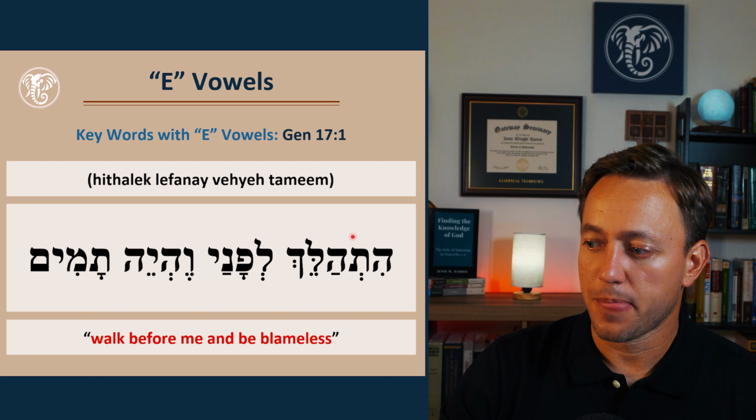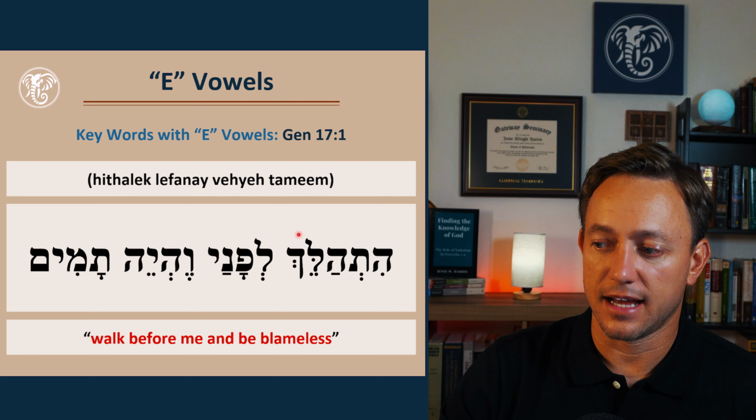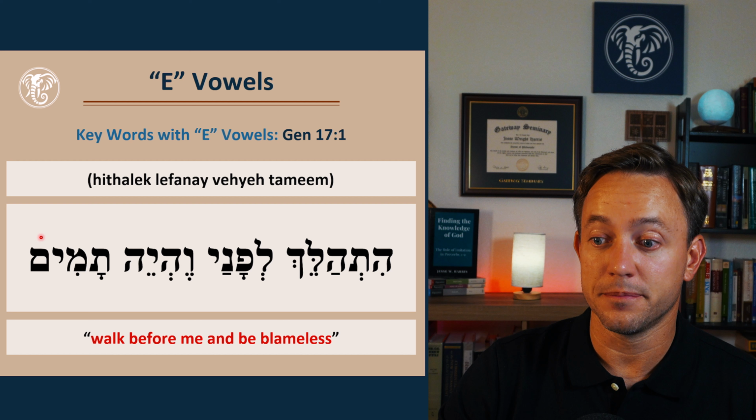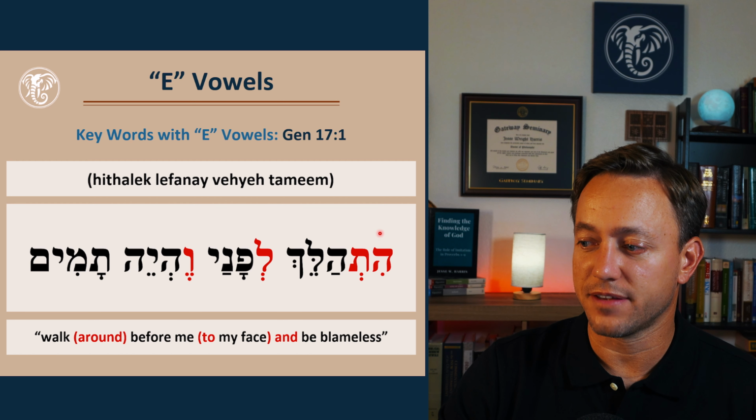All right. So let's finish this up here with this last phrase. So we have hit chalek lefanai veyeh tamim. Hit chalek lefanai veyeh tamim. All right, so what do we have here?